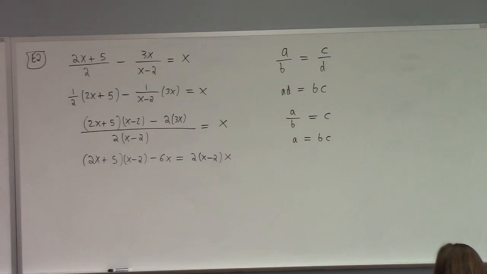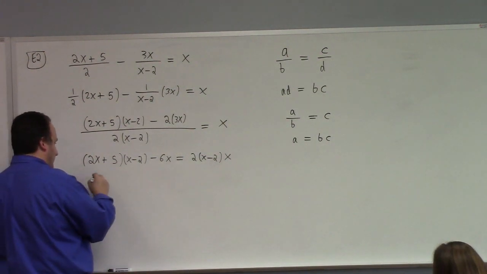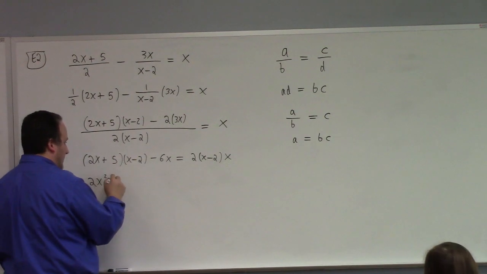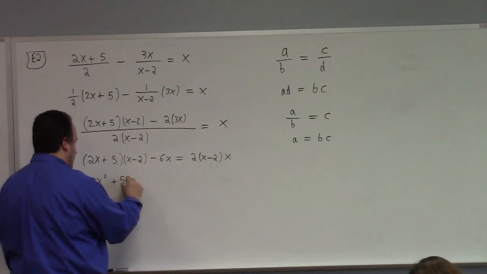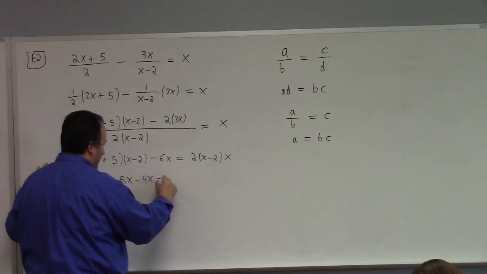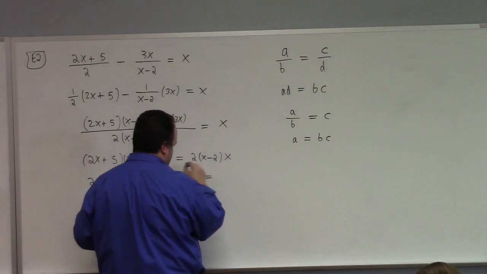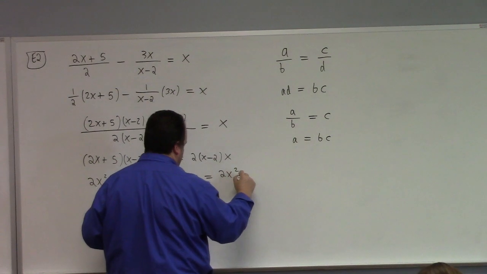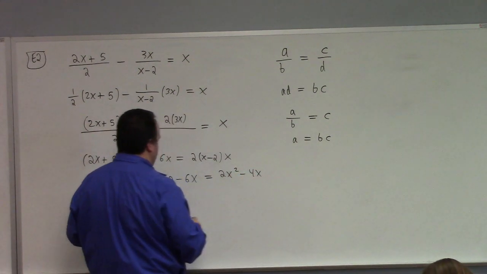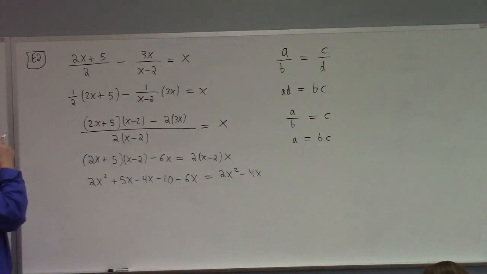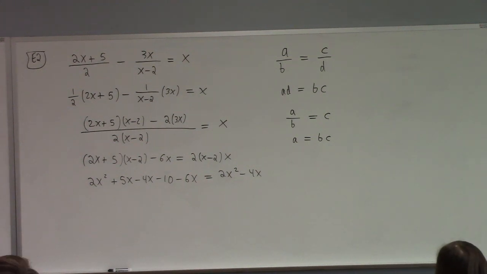And now let's multiply it out, right? What do we got? We've got 2x squared plus 5x minus 4x minus 10 minus 6x is equal to, if I multiply this out, 2x squared minus 4x, I believe. Oh, hey, I said this was quadratic, but I spoke too soon. Is it quadratic? Only in appearance, right?